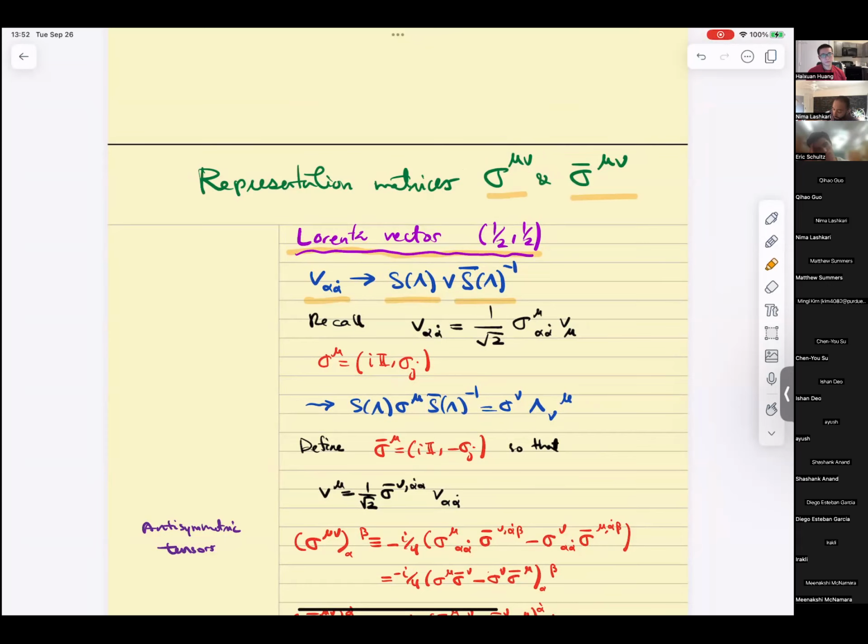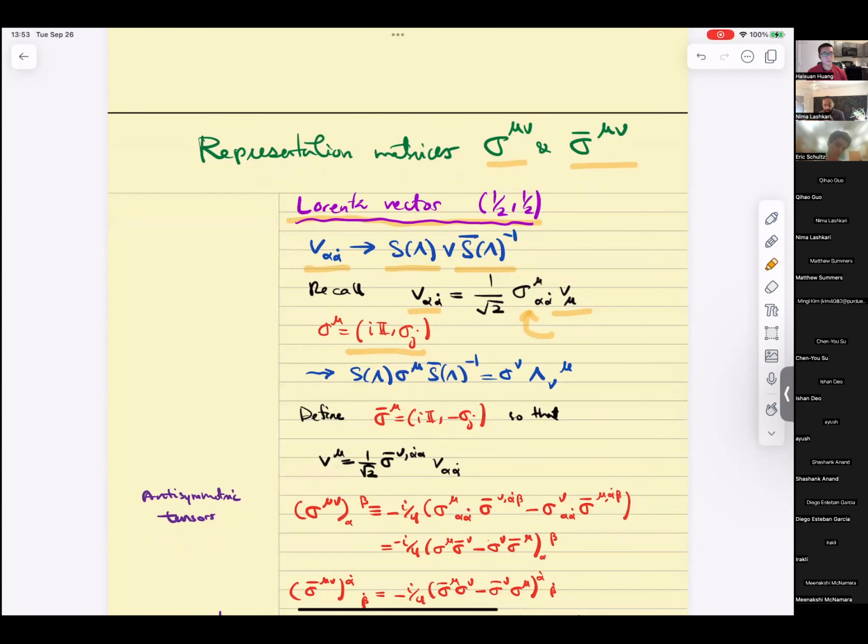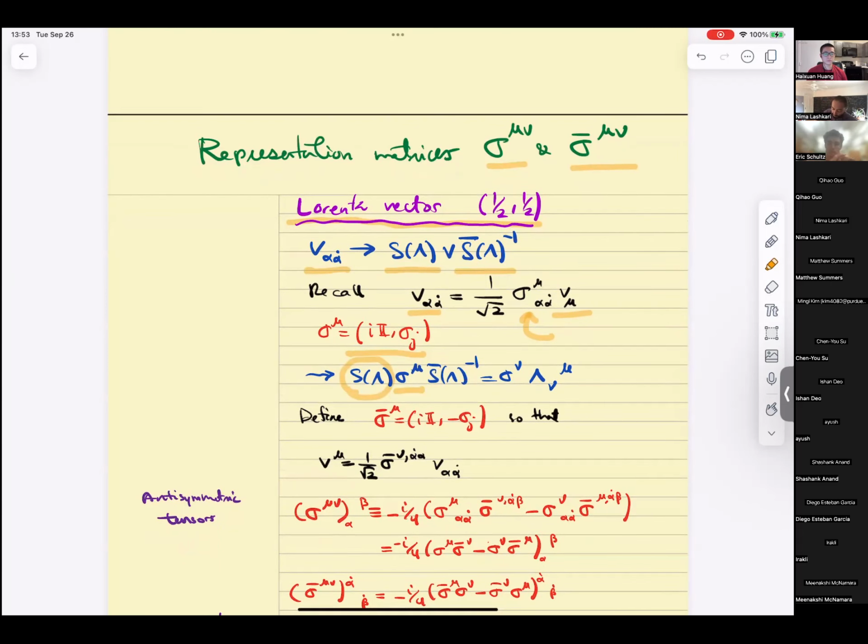We said that the way you connect this spinor representation of a Lorentz vector with the standard V lower mu is using these sigma mu alpha alpha dots, which were basically related to the Pauli matrices. Now, what is interesting is that this sigma mu is a 2 by 2 matrix.